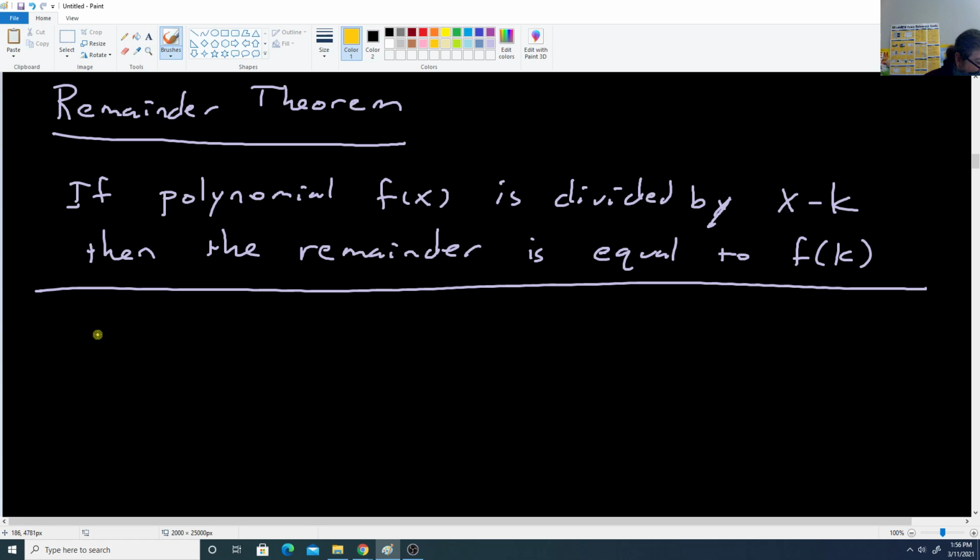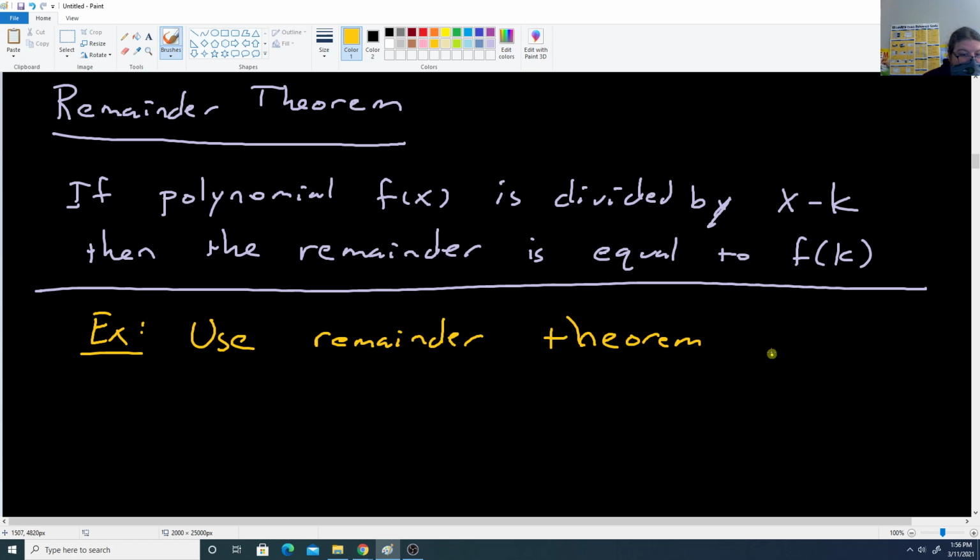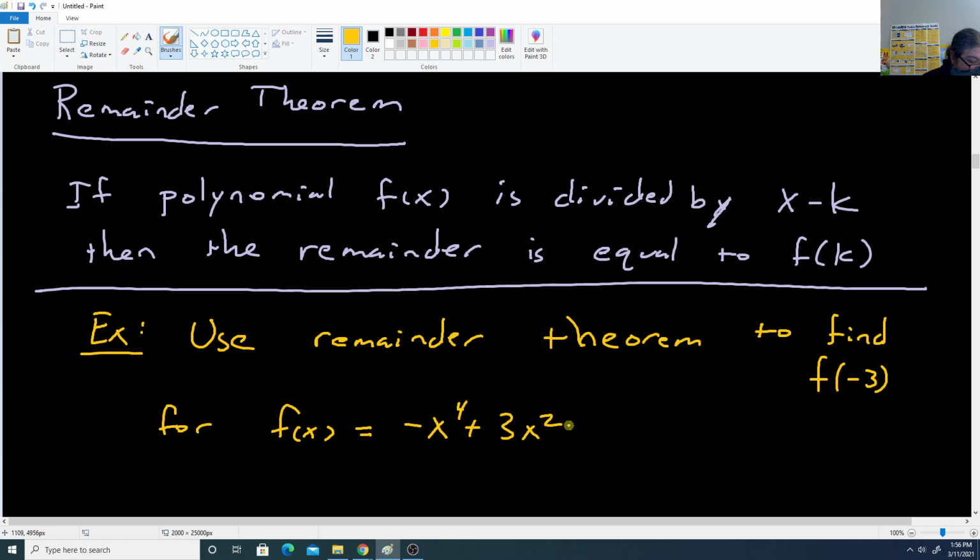So for this example, we'll say use the remainder theorem to find f of negative 3 for the function f of x equals negative x to the fourth plus 3x squared minus 4x minus 5.